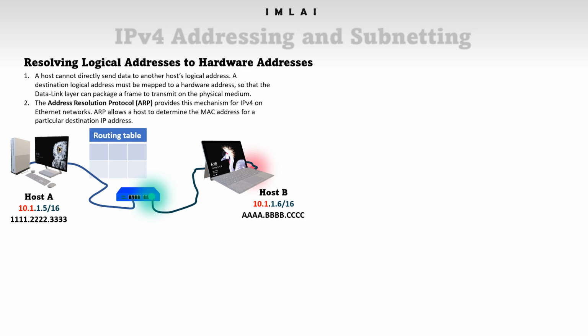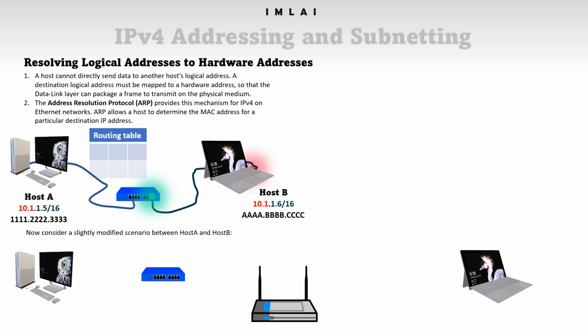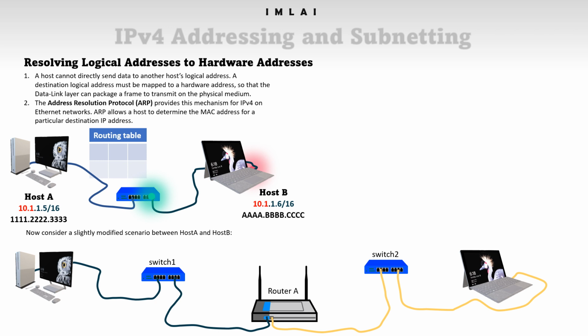Then we have one more example to look at. Now let's consider a slightly modified scenario between host A and host B. Again, host A is on the leftmost side and host B is on the rightmost side. Similarly to the previous example, host A will determine if 10.2.1.5 is itself.